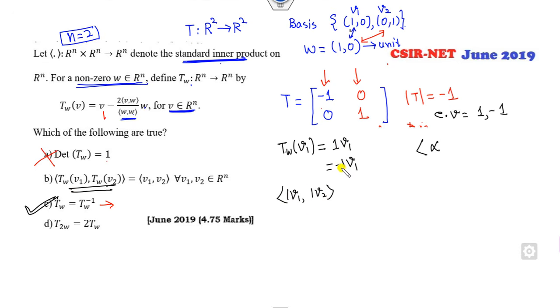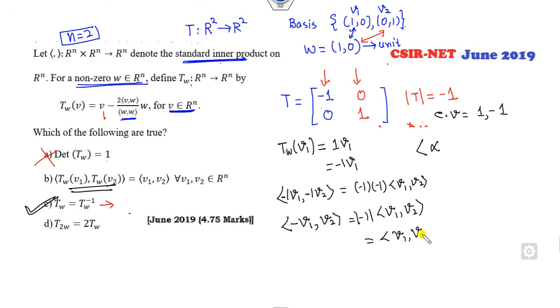If I take both as negative, then -1 times -1 of v1 v2, so again it is satisfied. Fine. But if I take one as positive and one as negative, then what will happen? This of v1 v2, which is again of v1 v2, so that means this is also the right option.